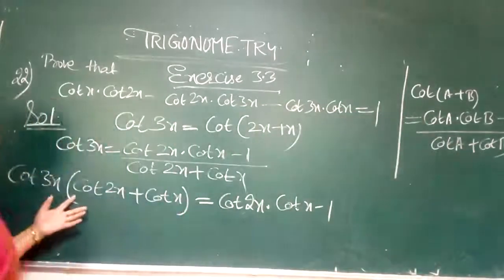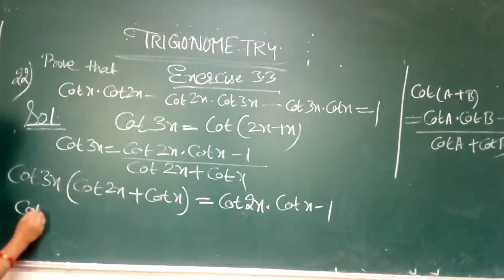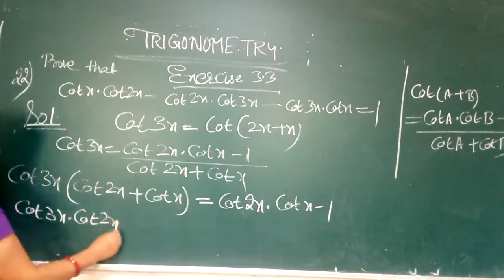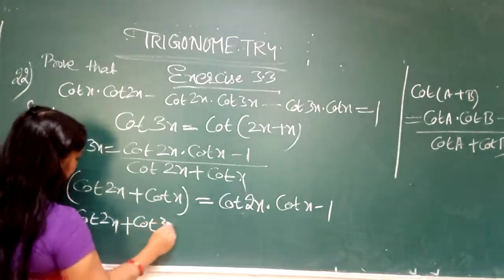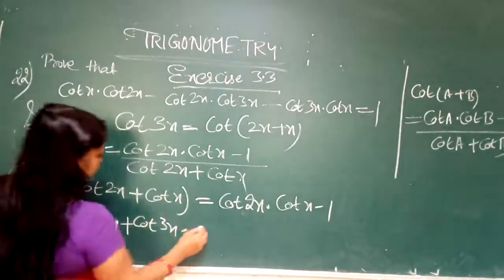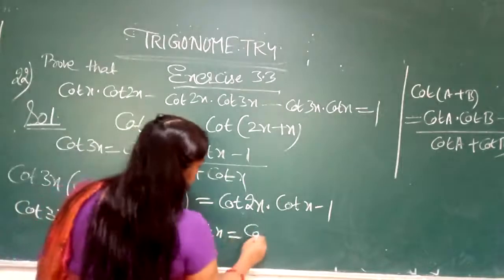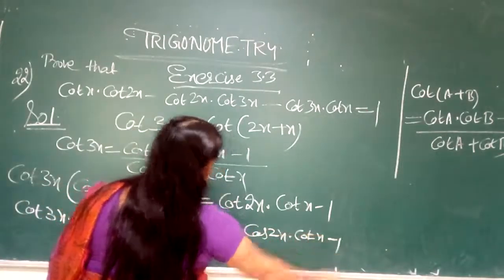Now students, open the bracket here. What will come here? It will come cot 3x into cot 2x, and here plus cot 3x into cot x. After that, here cot 2x into cot x minus 1.